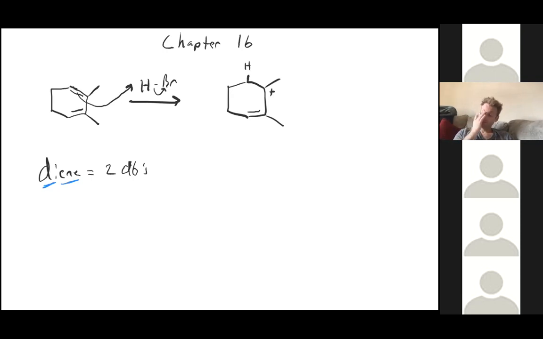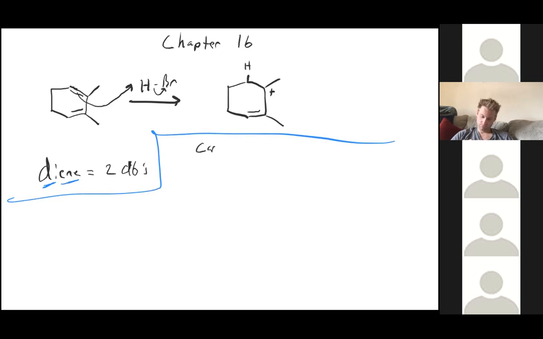From this point, depending on what we're doing, we are talking about the difference between double bond stability and carbocation stability. So typically when we think of carbocations, we would think primary is our least stable, followed by secondary, followed by tertiary.